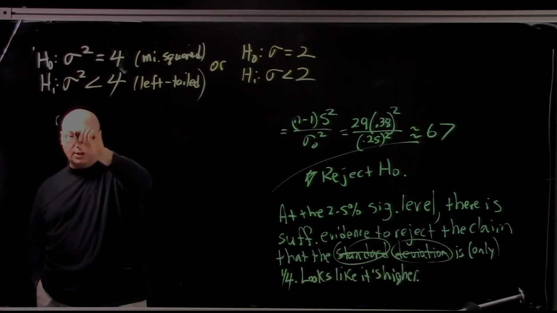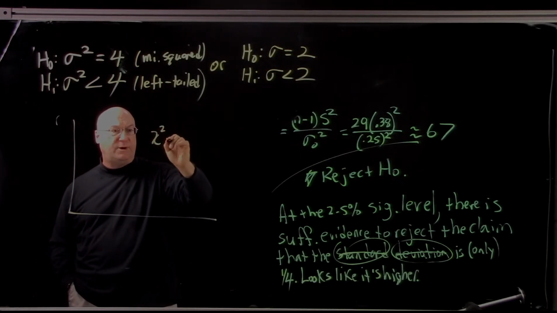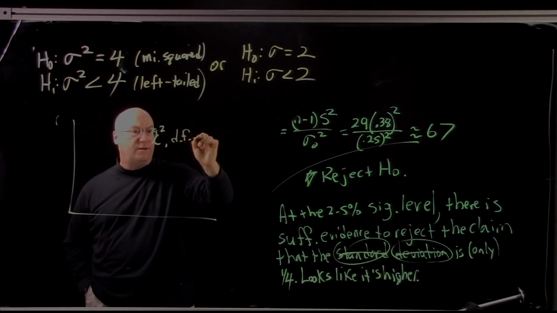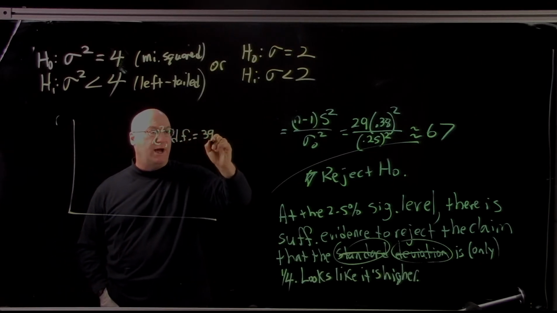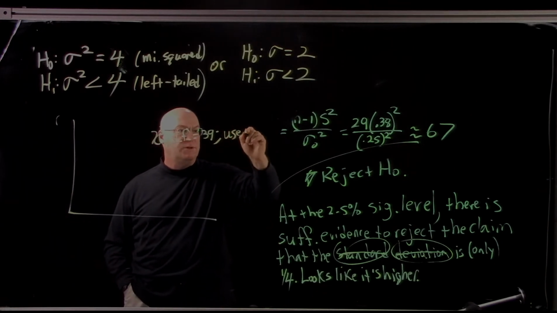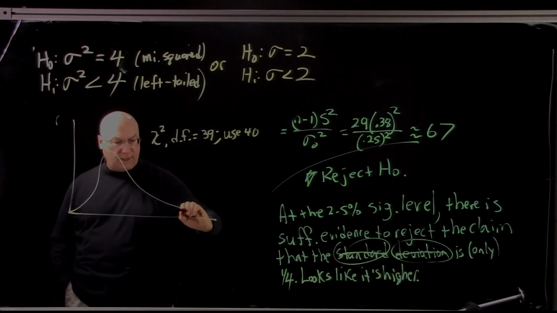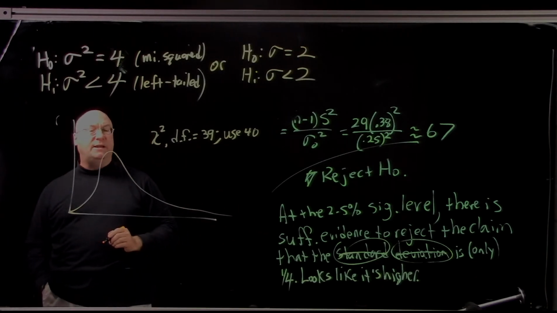Okay, so when I draw this here, we're going to have this be chi-squared. Degrees of freedom equal, well, 39, but I think most tables don't have 39, so I'm going to use 40, and the curve is something like that, and it is left-tailed.